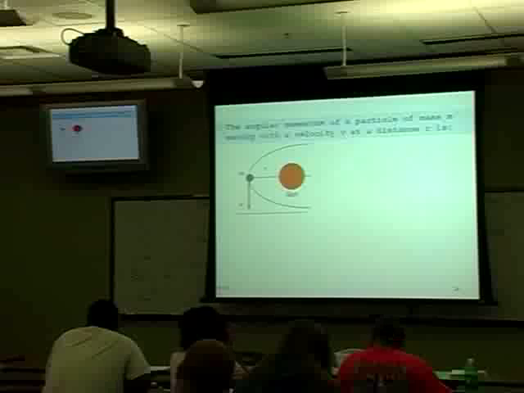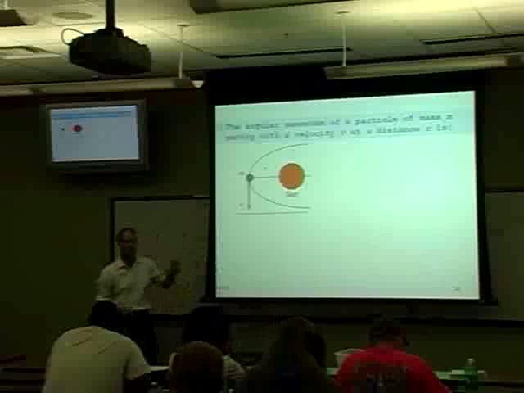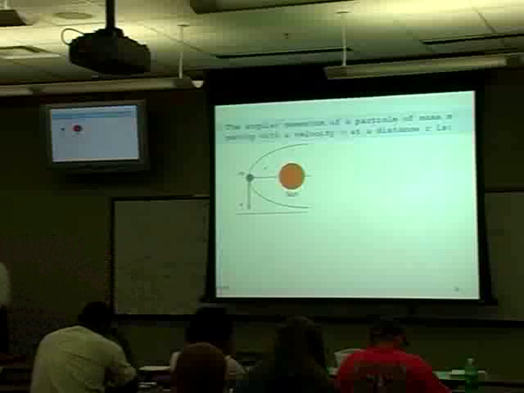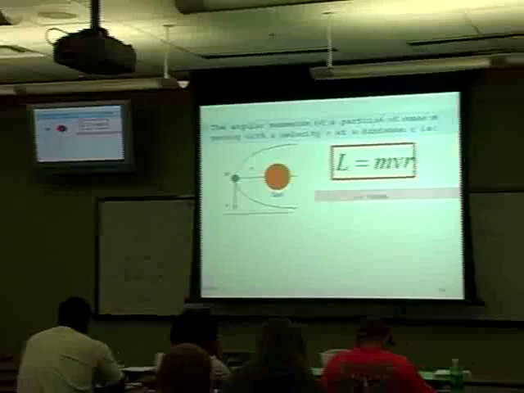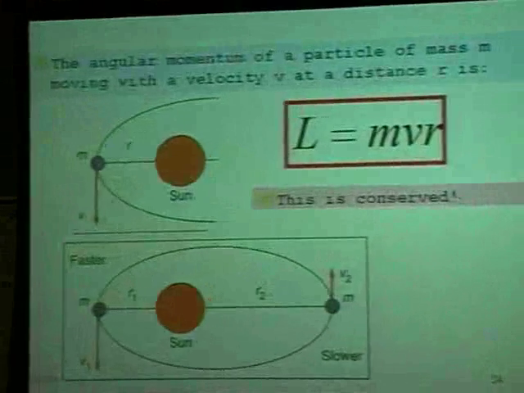Here's a planet going around the sun. The planet has a certain amount of mass and velocity at a radius r. So at some point, it's got angular momentum mvr. And at some other point, it may be further away.